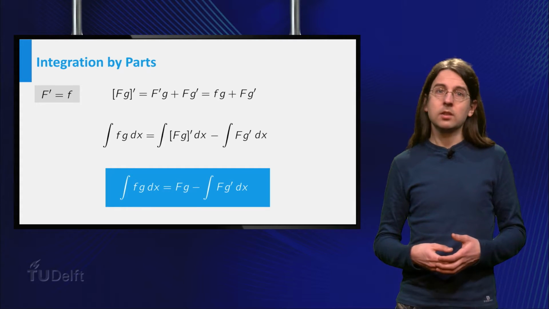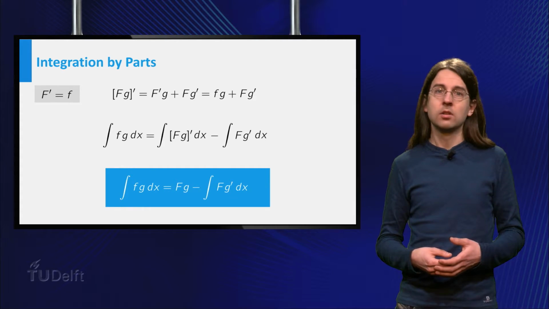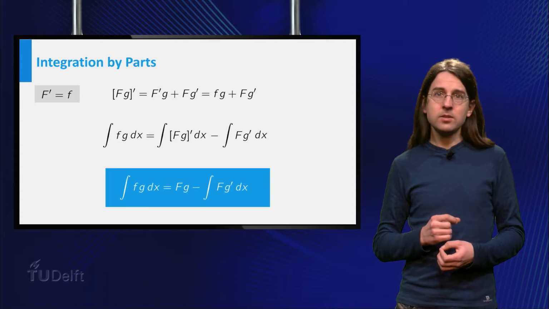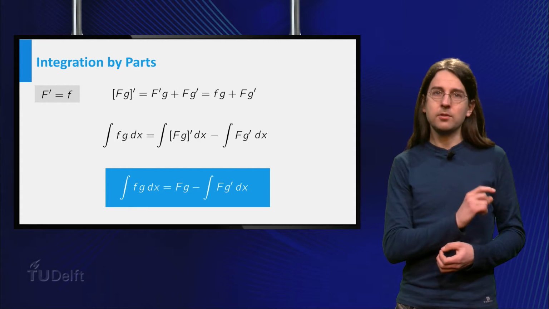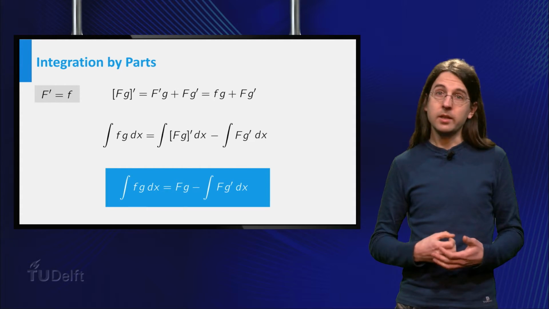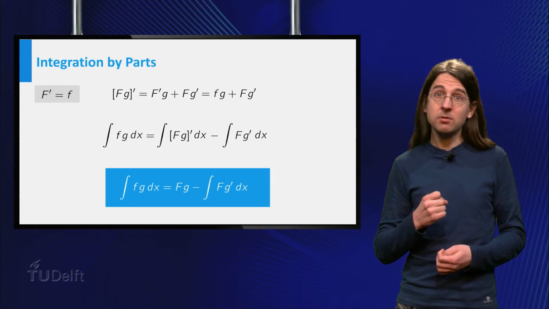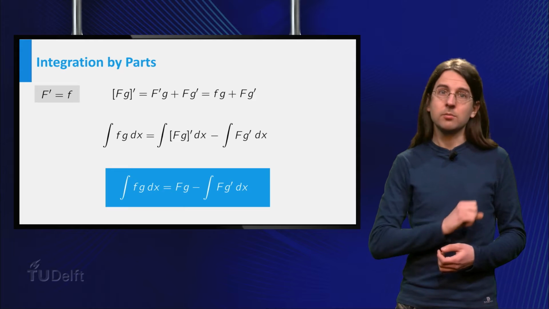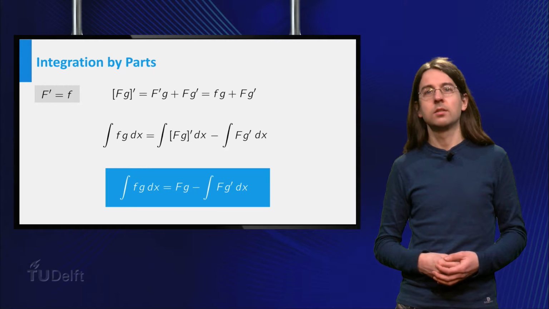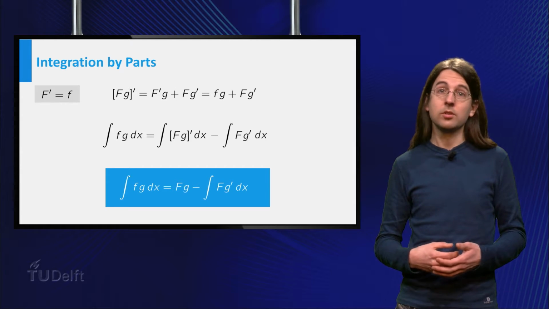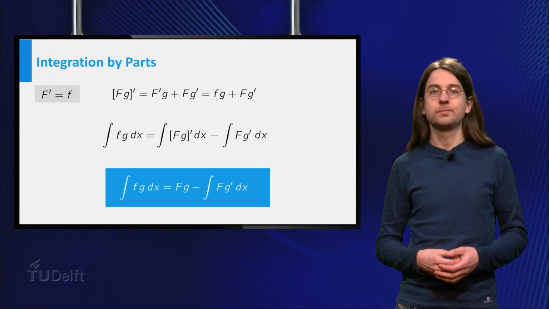Let us now look at what this formula does. In order to calculate the integral of the product f times g, it suffices to calculate the integral of capital F times g prime. That is, one of the two terms in the product has to be integrated, whereas the other term has to be differentiated. Using this rule to rewrite the integral on the left-hand side is called integration by parts.